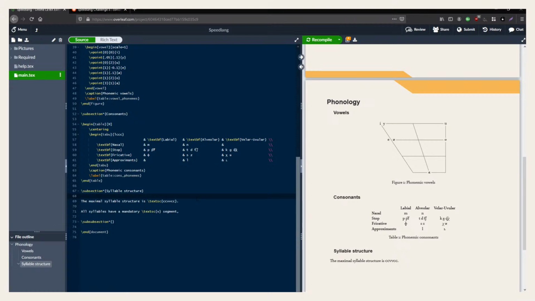Let's see. So all syllables absolutely have a vowel. That's pretty standard. Now let's see. Let's impose some fun restrictions.